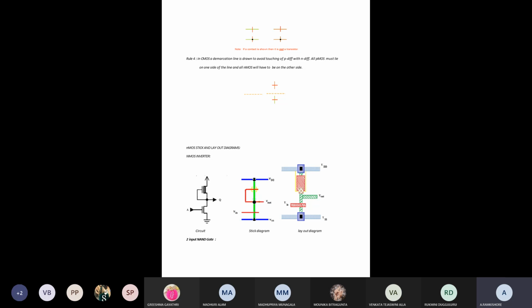Over the green color we overimpose polysilicon over the N diffusion material. The layout diagram is considered with some rules and regulations, that means some scaling terms and indications. So we extend the stick diagram to the layout diagram, and the colors are the same in both.